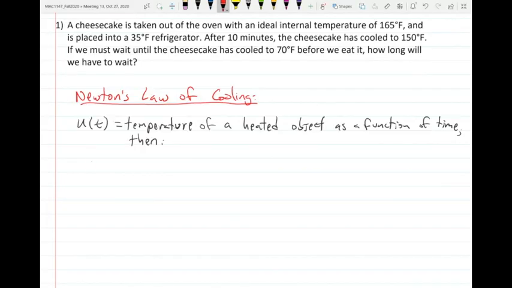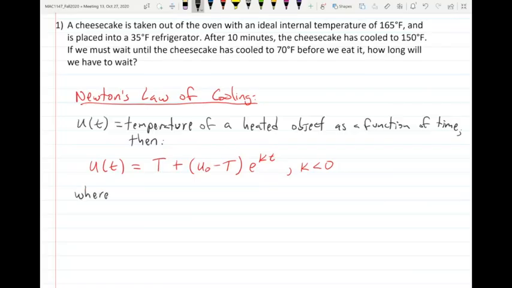There are other quantities that we need to take into account. What Newton's law of cooling says is that this formula, u of t, is actually given as follows. It's going to be equal to capital T plus u0 minus capital T times e to the kt. But in this case, k is a negative number, okay? And let me explain what each of these things are.